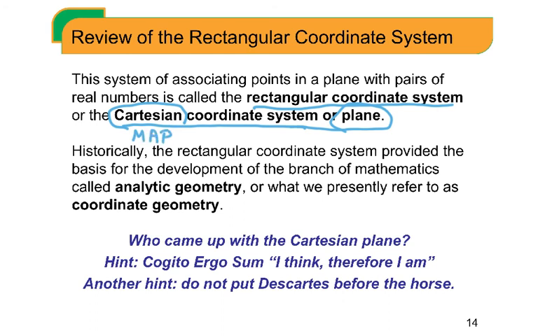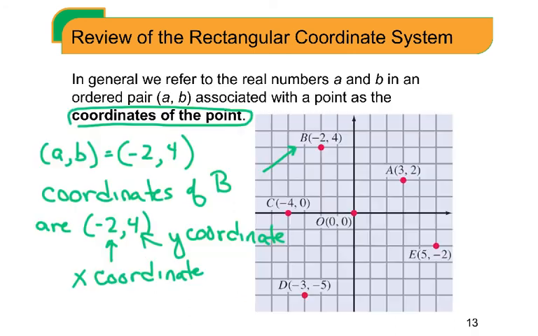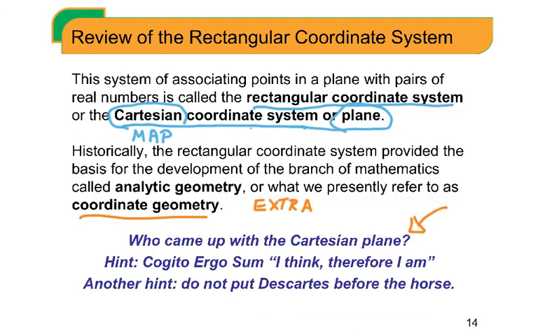If you've studied any French or just a cartographer, people who study maps, I don't think I can spell that off the top of my head. But this came from the study of coordinate geometry. And this is just a little bit of extra information that I think is interesting. Who came up with this wonderful system, this wonderful Cartesian plane?